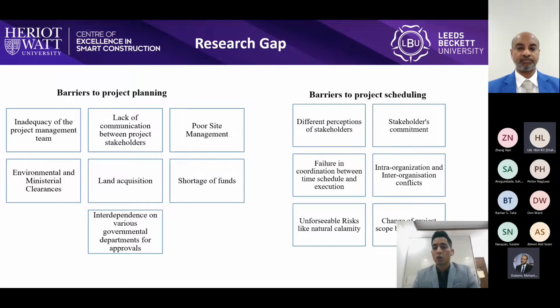Different perceptions of the project by multiple stakeholders, the commitment of the stakeholders, failure in coordination between time schedule and execution, intra-organization and inter-organization conflicts, which can be conflicts of opinion among the client or among the contractor or among the consultant, but also conflicts between contractor and the client, contractor and the consultant, client and the consultant, client and the contractor. It can have multiple variables to it, or unforeseeable risks like natural calamity.